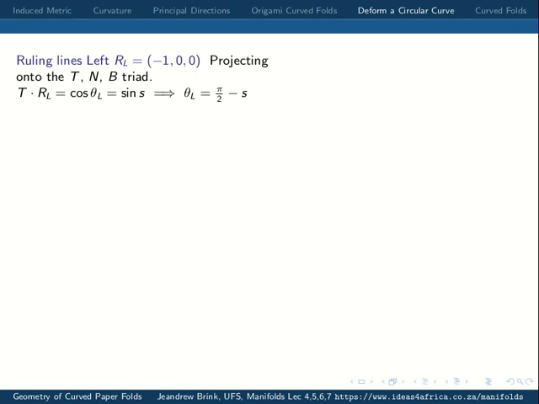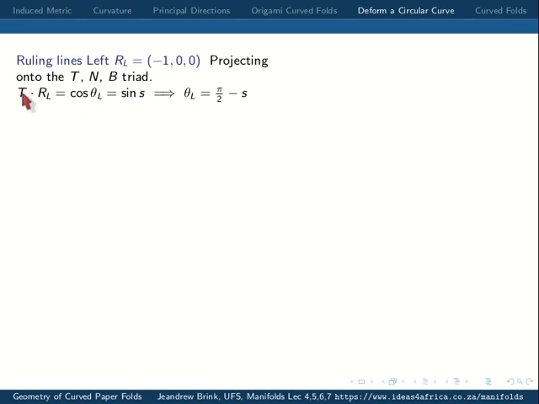Okay, so what we have now is, we have what t and n and b are. We've worked that out for our particular curve. And we have what r is. And so we want to work out what these angles are on the left-hand side.